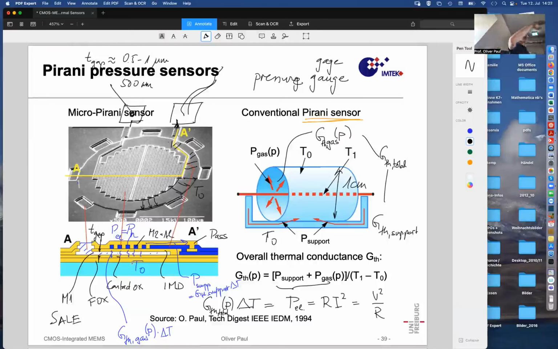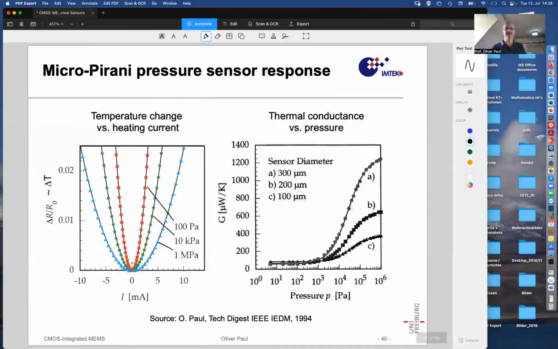But as you go down into reduced pressures, 1/10 of an atmosphere, 1/100th of an atmosphere, 1/1000th, then you will see an effect. Then the transition from continuum thermal transport to molecular thermal transport will become apparent. And the molecular thermal transport is proportional to the density, so it reduces very strongly, and that's what we see in the characteristics.